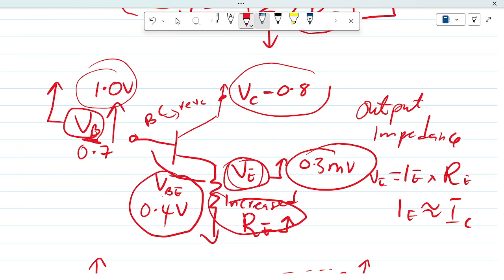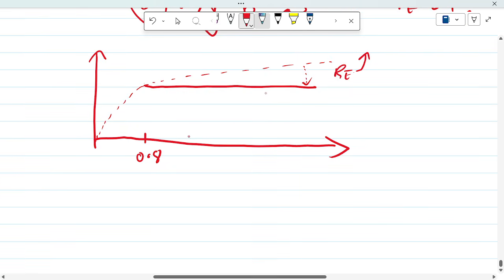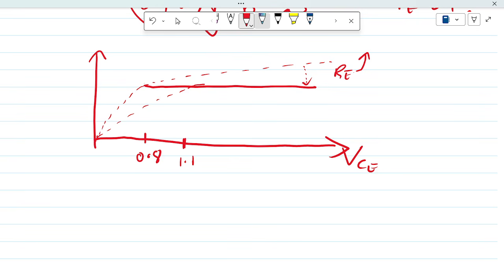Now guess what? 0.8 will no longer keep the device in forward active. So you also have to raise the voltage here by 0.3 to 1.1, which means that now my device is going to look like this. At 1.1 V VCE, the voltage at the collector, that is when my device will start behaving like a proper current source.